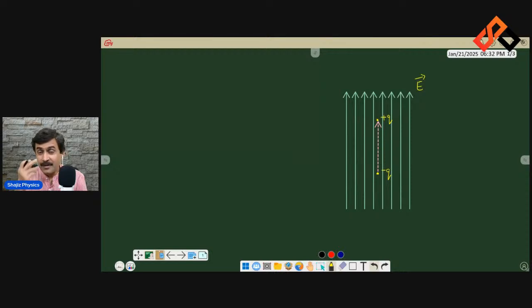Now, whenever you see this kind of a uniform electric field, what all things will you be able to read between the lines? That is my question. Normal students know this is a uniform electric field. By seeing it, what will you be reading beyond this image?